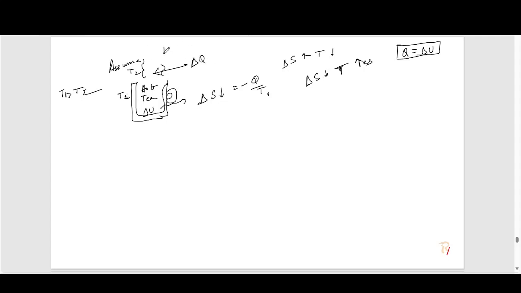Since del S2 increases, minus Q upon T2 decreases. Del S2 increases, temperature decreases. This is known as a spontaneous process.